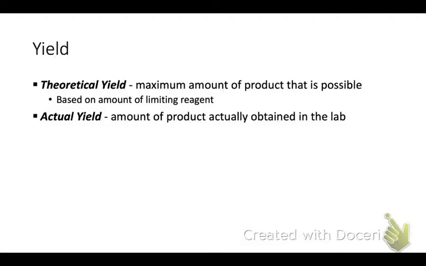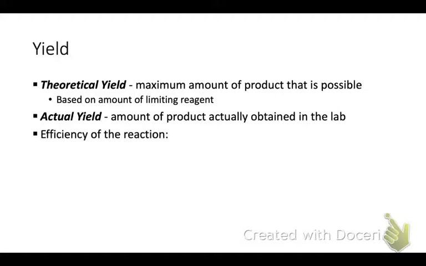If the max you can possibly get in the lab is 10, you can never get 11, but chances are you will get 8 or 9. The 8 or 9 is what we call the actual yield, what you actually obtain in the lab. This is an experimental number, right? It cannot be calculated, unlike the theoretical yield, which can be calculated from the limiting reactant.